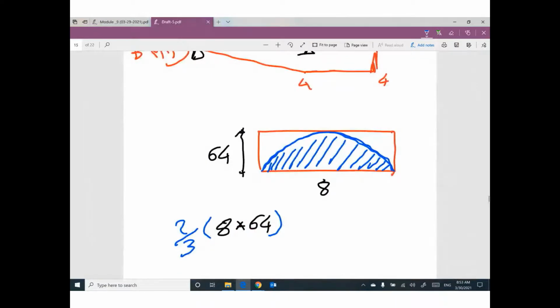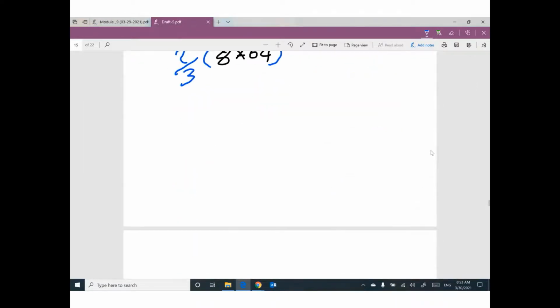Okay, let's repeat this method one more time. First step, we have bending moment M naught due to the given load, 64. Second step, I will remove all the given load.